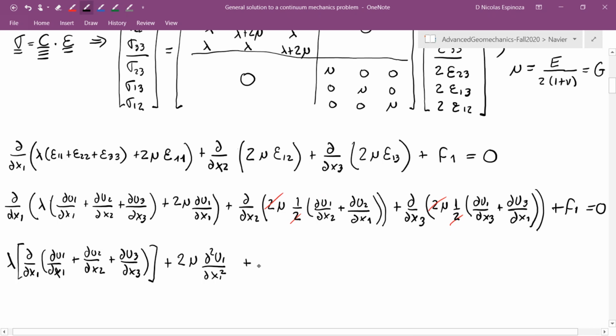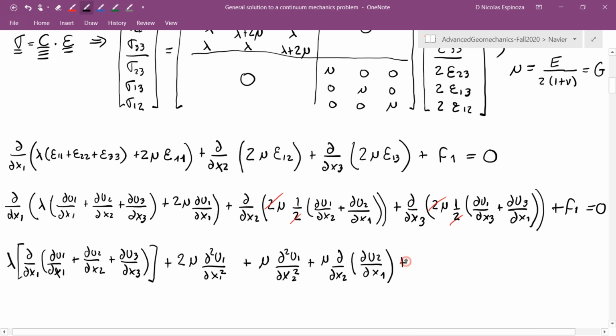I'm going to bring the parameter mu out of the derivative, and this is going to be the second derivative of u1 with respect to x2 2 times for the first term, and the second term is going to be mu times the derivative with respect to x2 of du2 dx1. And notice that now these are different directions, so I cannot put them together.